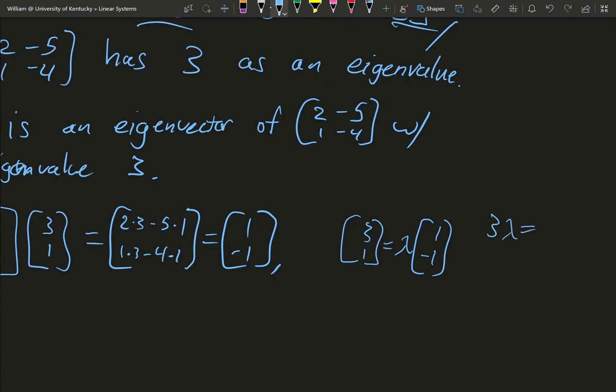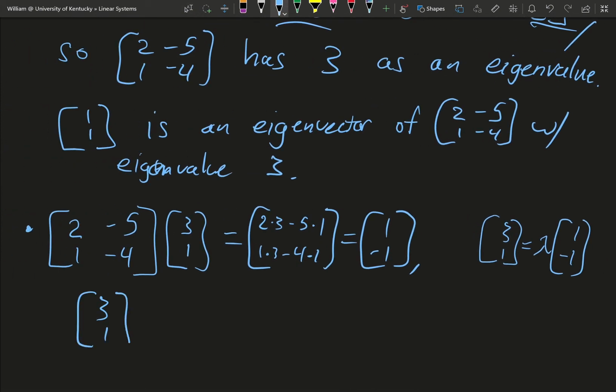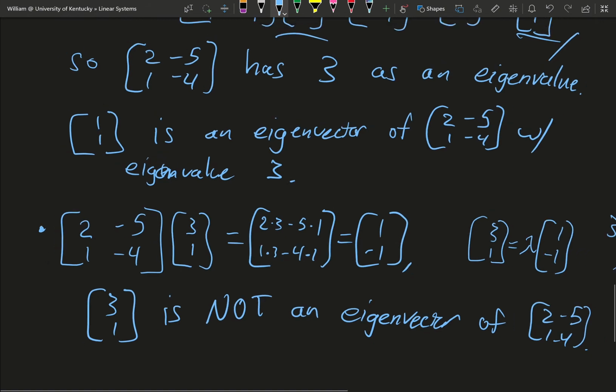Well, if I look at the system, it says 3 times lambda is 1, and lambda equals negative 1. This has no solution. Pretty clearly, if lambda is negative 1, 3 lambda is negative 3, not 1. So what this tells us is 3, 1 is not an eigenvector of 2, negative 5, 1, negative 4. Okay.